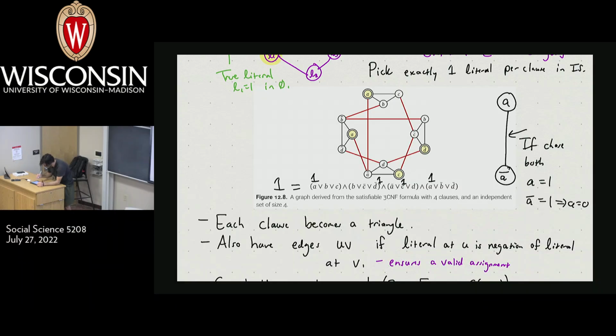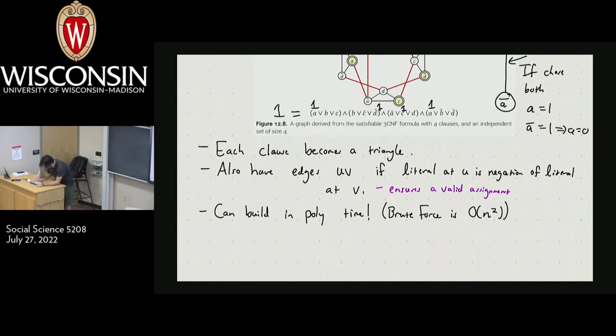Yeah, so we're using the independent set, if it exists, and converting it, or using it, to pick assignments of variables in phi.